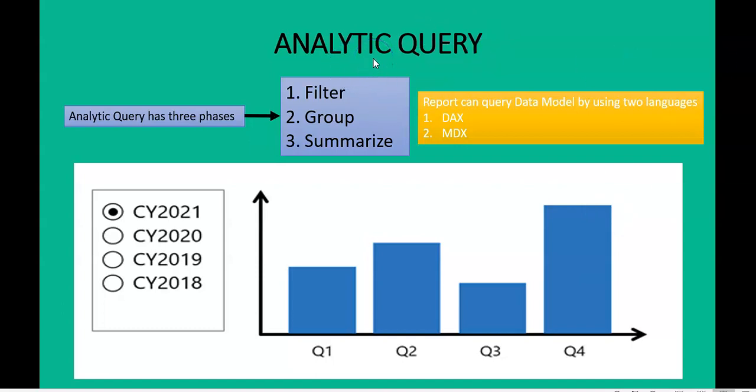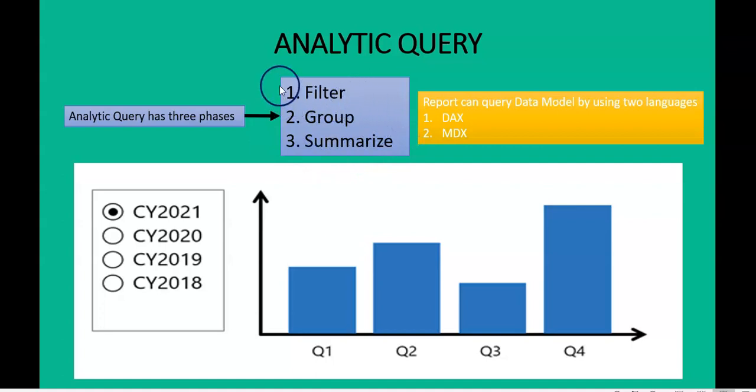So whenever we ask for data from the model, like when you filter any data, at that time the process is in three phases or three steps. So first it filters, then it groups, and then it summarizes. So our DAX function is here, our calculation is here, summarize.